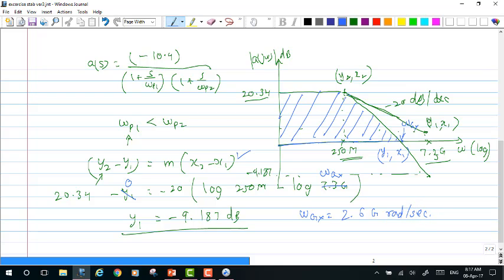Now how do we extract the phase information, or the phase margin information? What we know is the phase margin is nothing but 180 degrees plus the phase value read at omega equals omega gx, correct? So how do we do that?